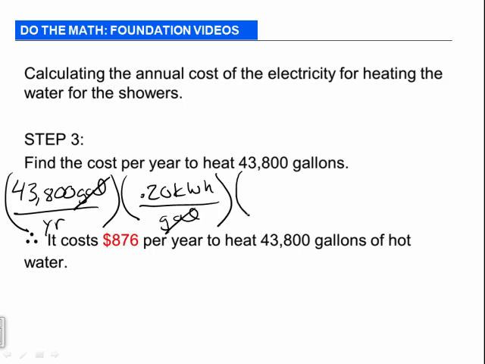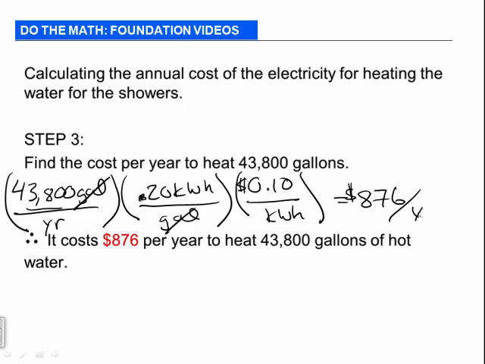And we know that the cost of a kilowatt hour from the problem is 0.10, and that's dollars per kilowatt hour. So if we take the 43,800, multiply by the 0.2 kilowatt hours per gallon, times the 10 cents, we get a total cost of $876 per year. So that's how much they're going to spend on hot water for their showers per year.